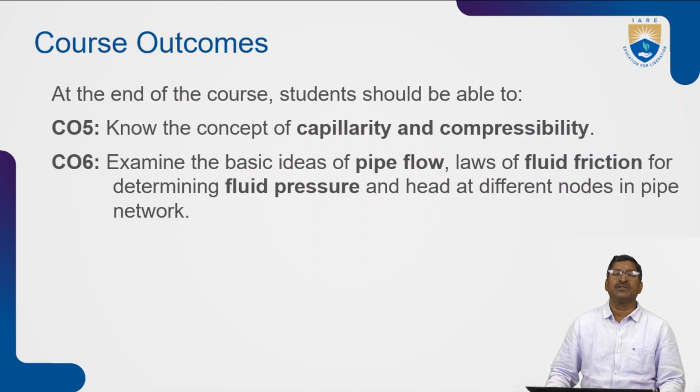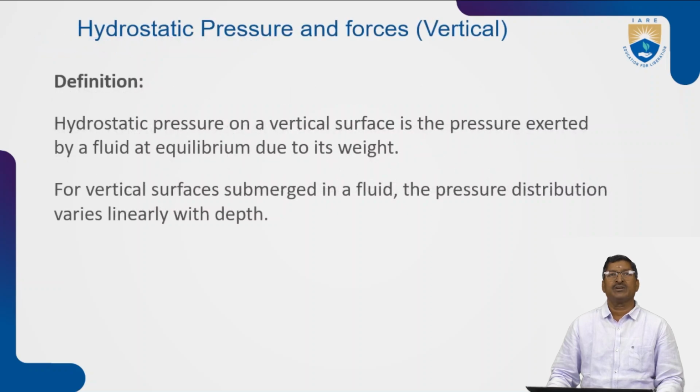Normally it is in the network of pipes in the water distribution system. Not only in one water distribution network, but in any pipes, any fluid, as it flows, it will lose energy. So those are course outcome 6, related to pipe flow or fluid friction and fluid pressure.